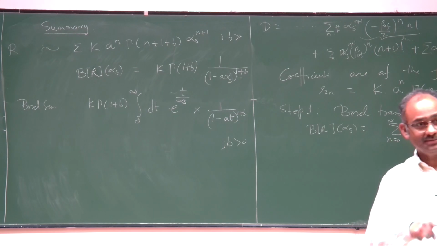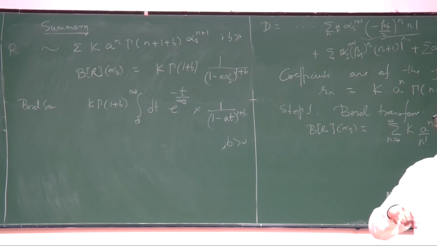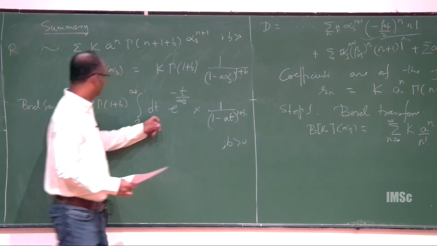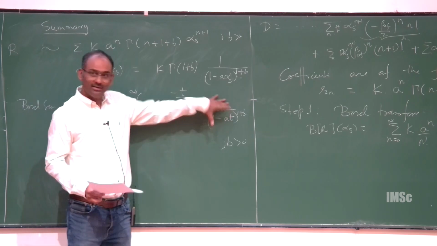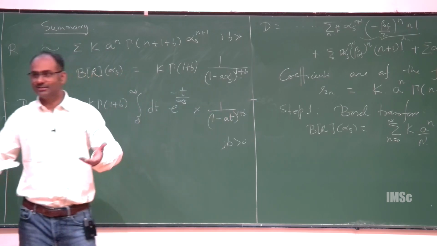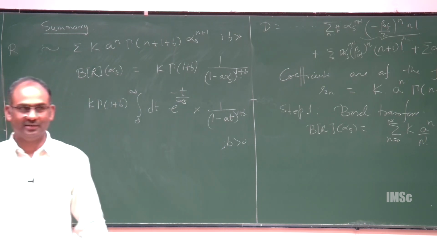But it might happen that you have a singularity sitting on the contour of integration. You are integrating from 0 to infinity, you have your contour running along the t axis, and if your integrand has a singularity sitting on that, then the integral is not defined and your Borel sum is not defined, right.